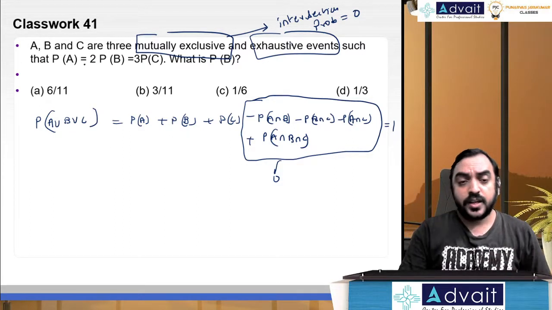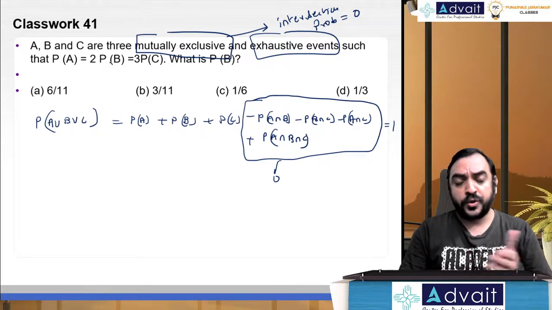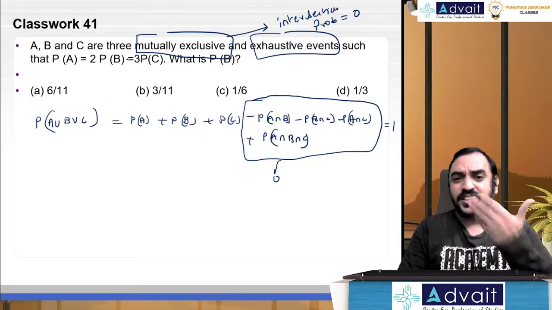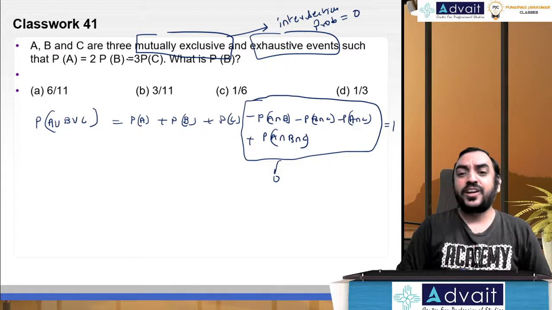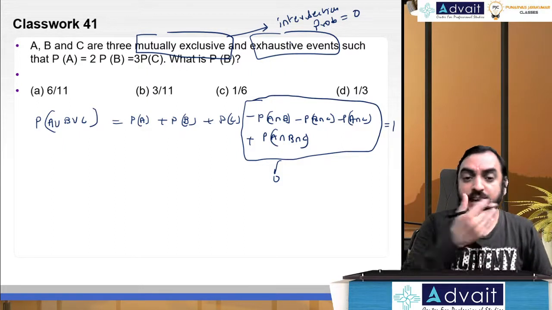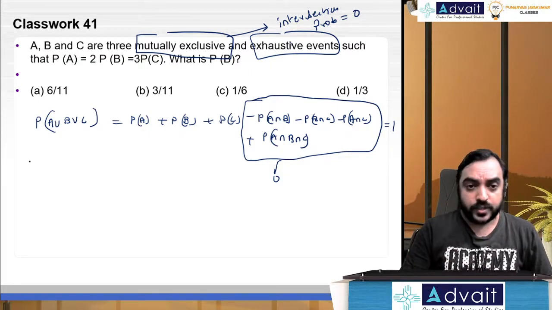And they said probability of A is equal to probability of B is equal to probability of C, with ratios. So this is like solving your x value or ratio problem. Anyway, let's write it down.